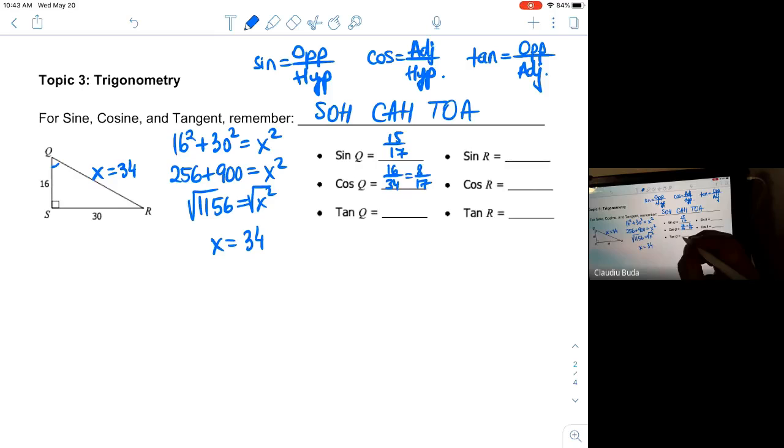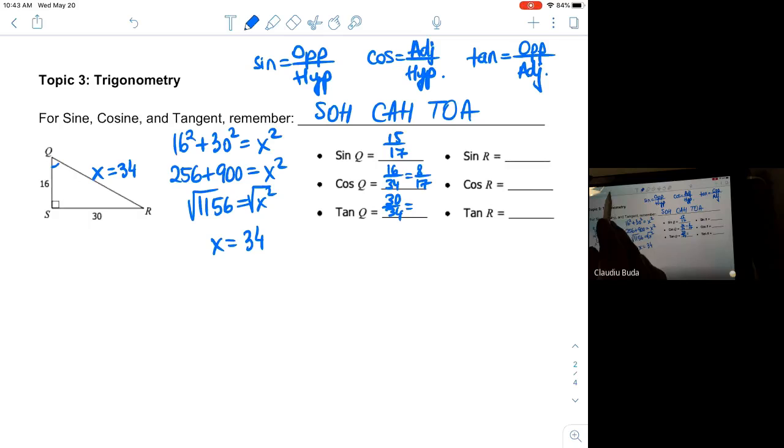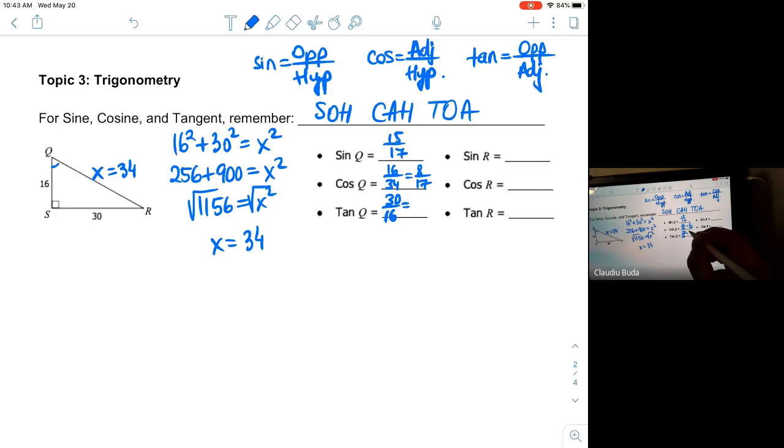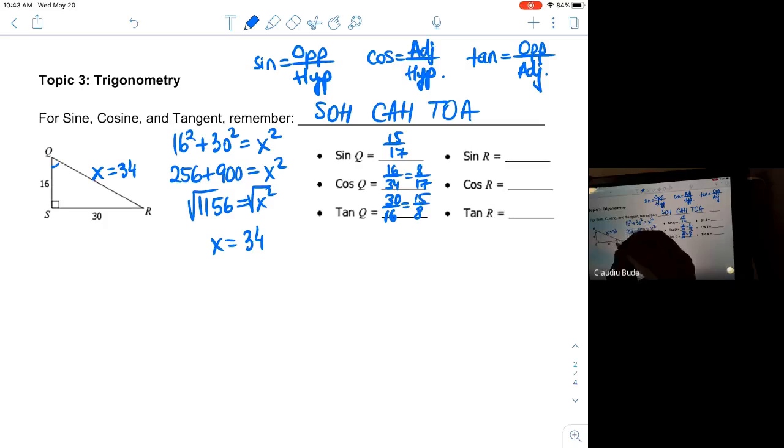Tan of q is opposite, which is 30 over 34. Oh, I'm sorry, my mistake, it is 30 over 16, adjacent, and that simplifies to 15 over 8 if we divide both by 2. Now sine of angle r is this one right here.